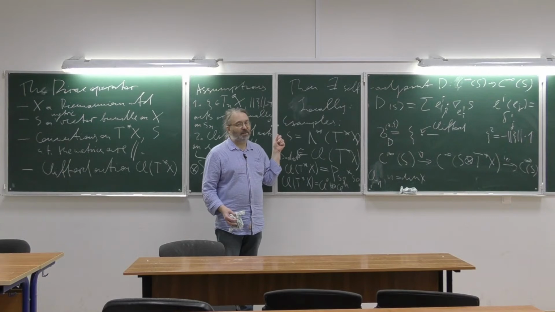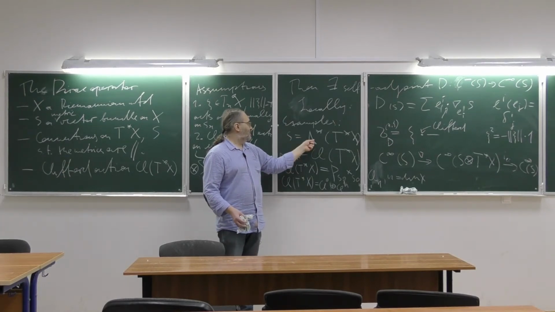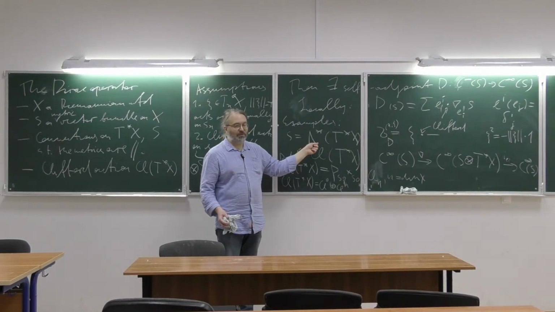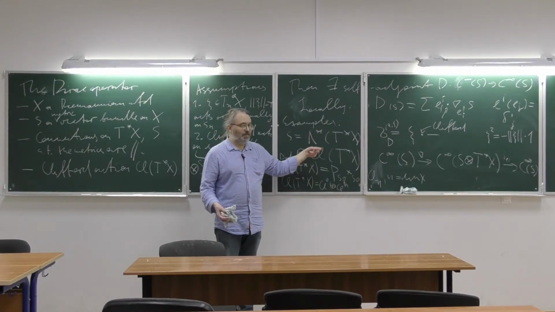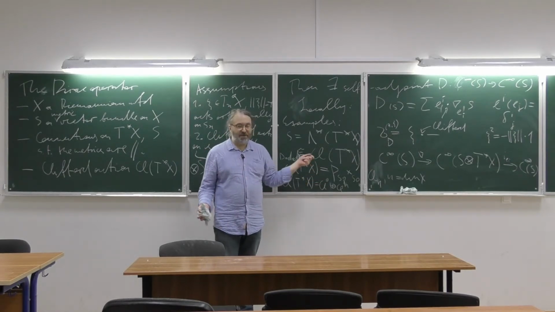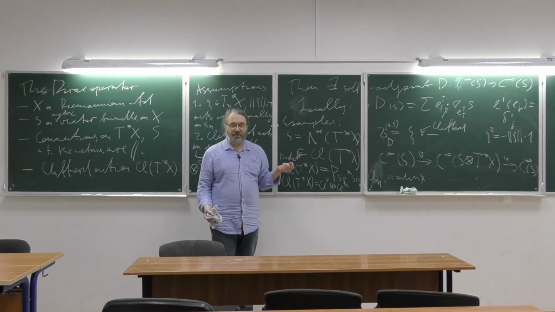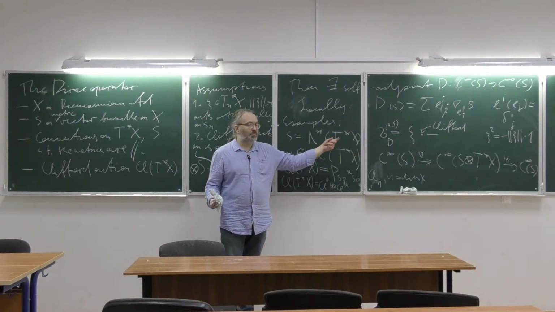For the signature operator, I could talk about real vector bundles or complex vector bundles. The index is the same, and the splitting is the same. For the signature operator, I really need to complexify before I introduce the operator.